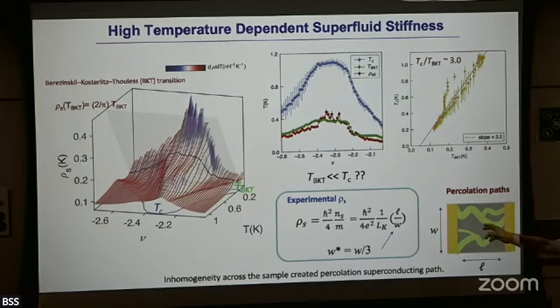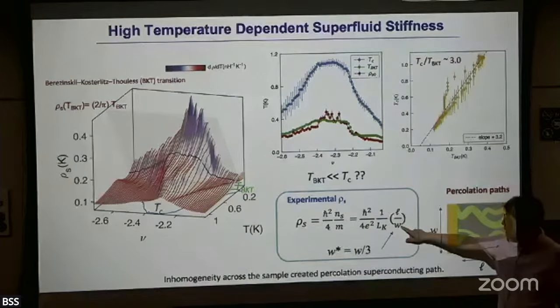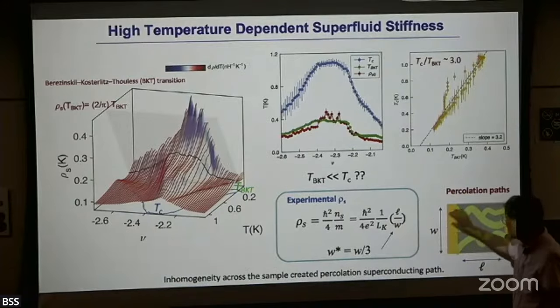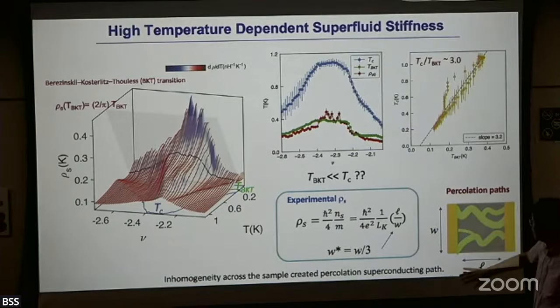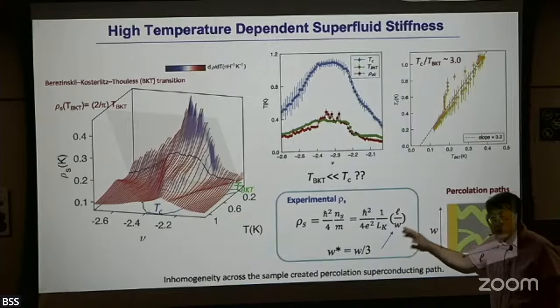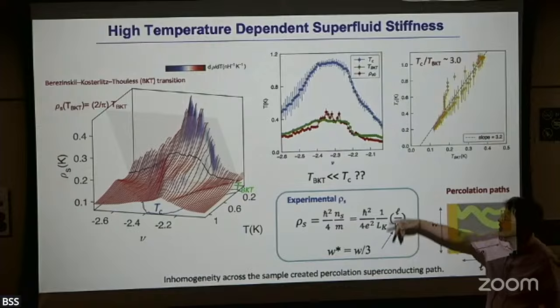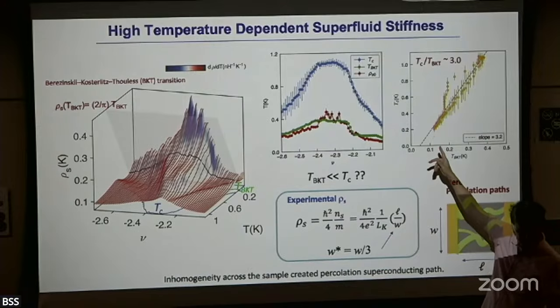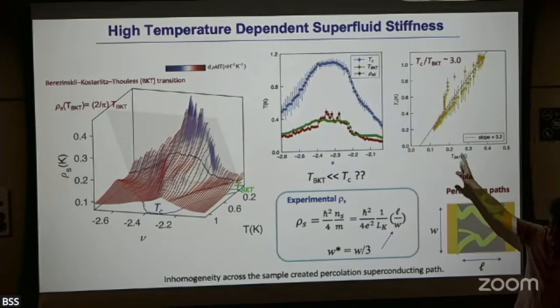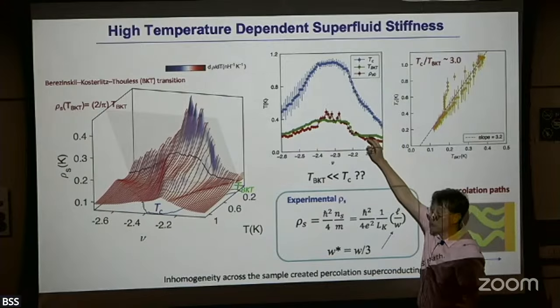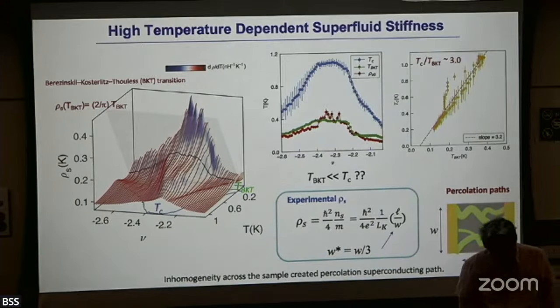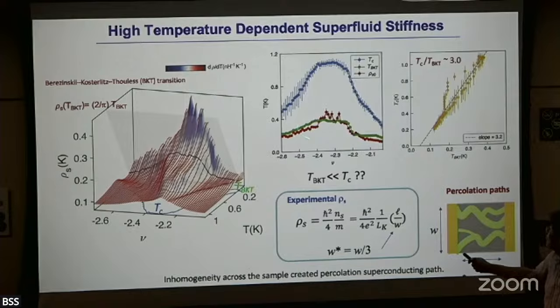This filament has an effective width. So what is actually the width of the sample, the total filament width compared with my width, and how much correction should I make to close this gap between the BKT DC transport and the superfluid stiffness?